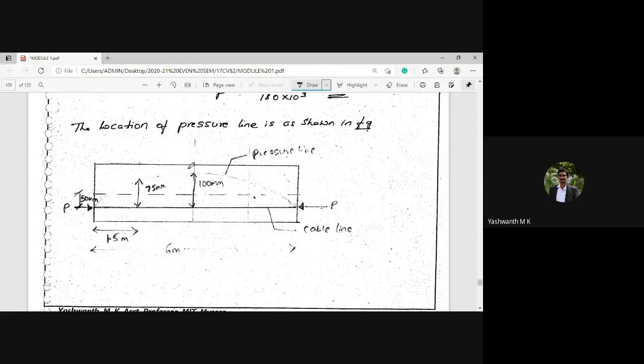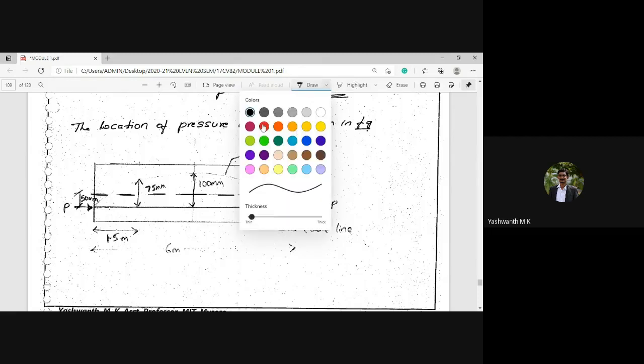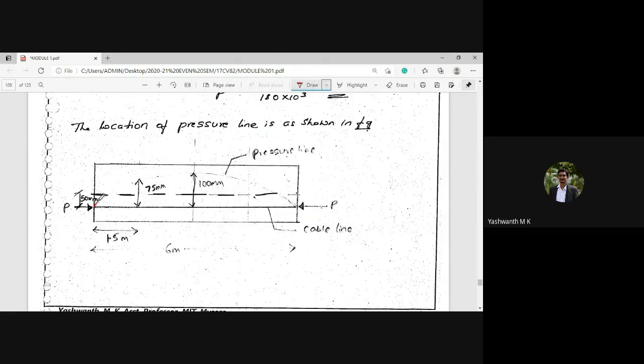So this is the PSC beam and this will be the central axis of the section. Now let me draw the pressure line first. So this will be the pressure line, and as I stated, this will be the distance of shift. This distance is A at midspan, and this is A at quarter span.